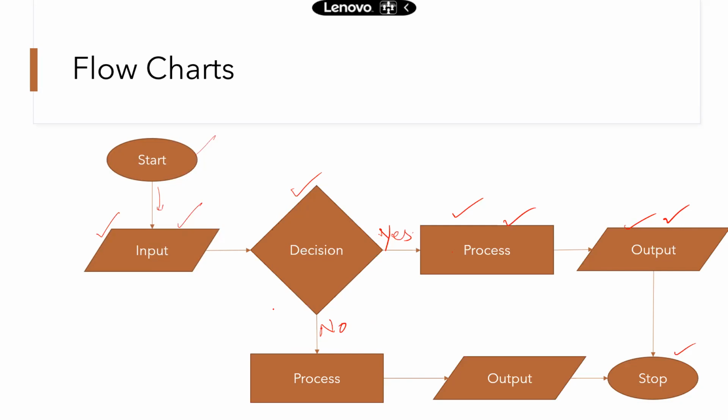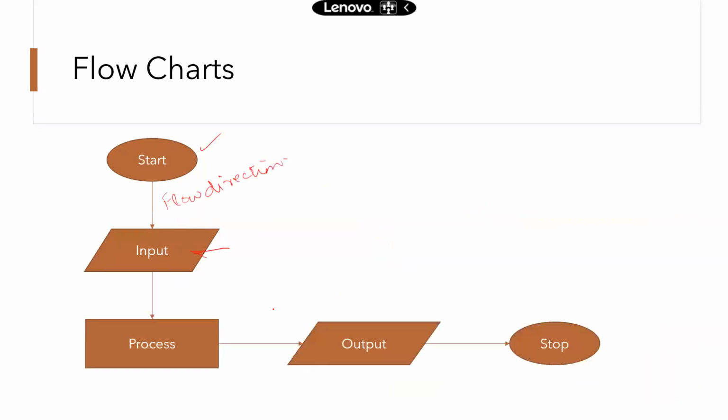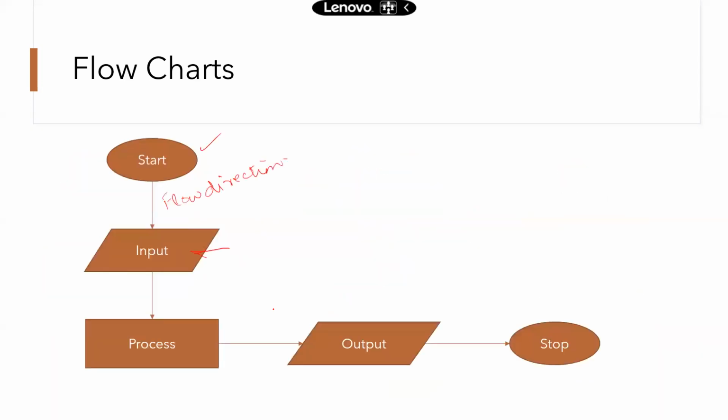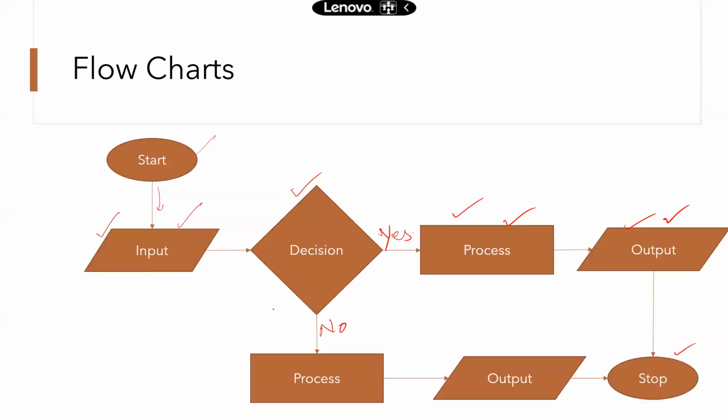Let's jump back to the definition and see what it was. The definition is that the flow chart is a sequence of block diagrams which shows the flow or the sequence of events, activities, and the workflow. This is exactly what we are doing in this flow chart as well as this flow chart. I hope the basic understanding of the flow chart is clear, why we make it and how we make it.